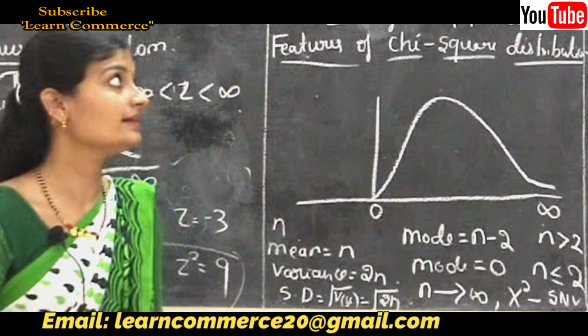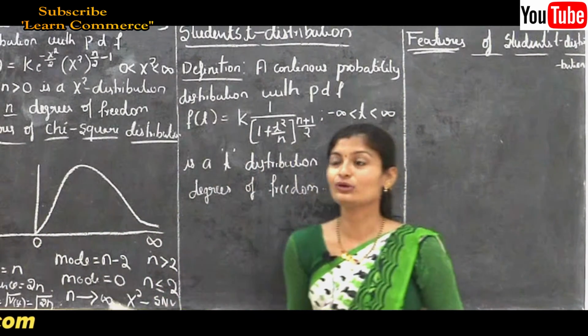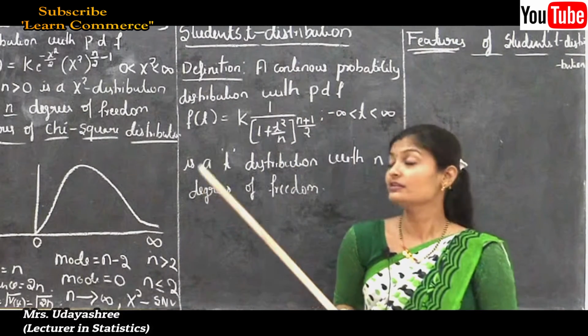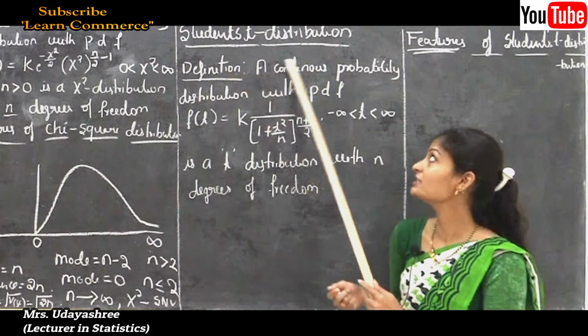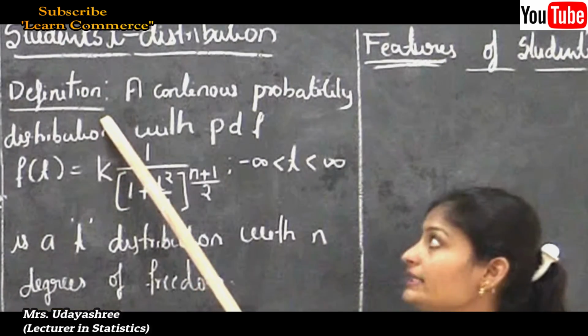Okay, next let us see the student t distribution. I already told that student t distribution is derived from standard normal distribution. Now, what is the definition of student t distribution?